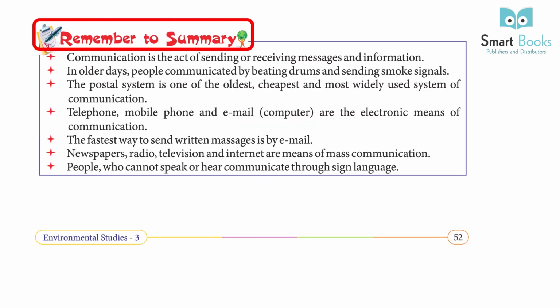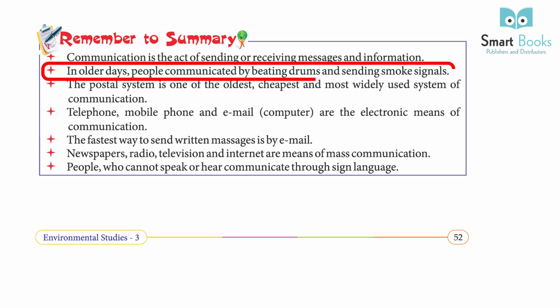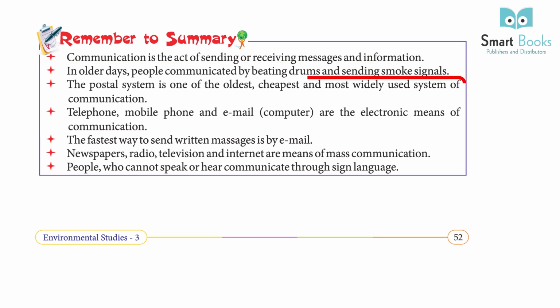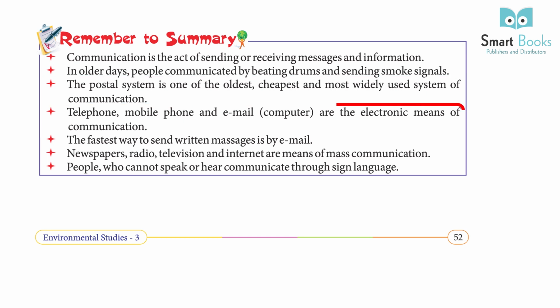Remember to summarize. Communication is the act of sending or receiving messages and information. In older days, people communicated by beating drums and sending smoke signals. The postal system is one of the oldest, cheapest and most widely used systems of communication.